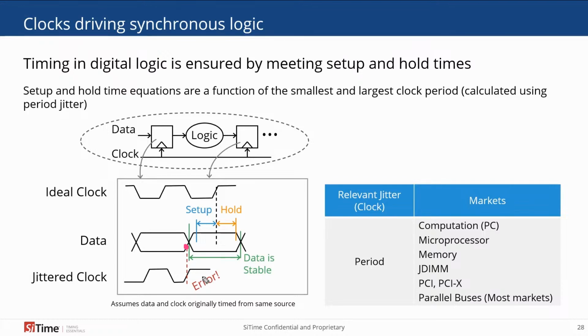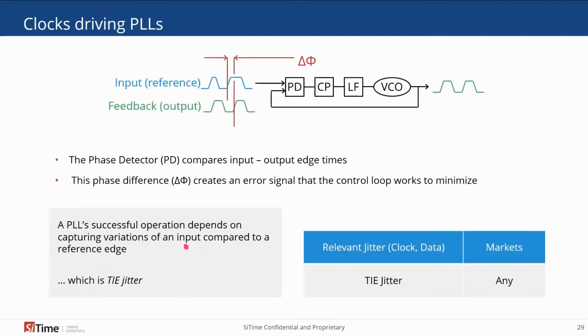So to ensure that we only sample the correct values, there's a setup and hold time equation that digital designers have to adhere to. And part of that setup and hold time equation is period jitter. So period jitter is built right into those equations. So anytime that you have digital logic, you're going to worry about period jitter. You're going to need to use period jitter.